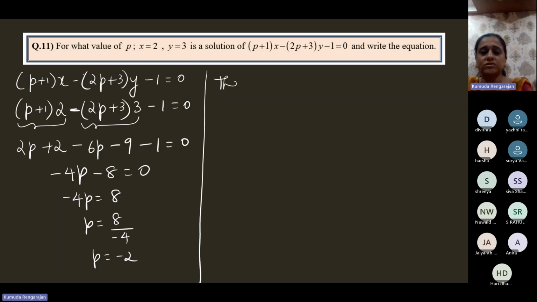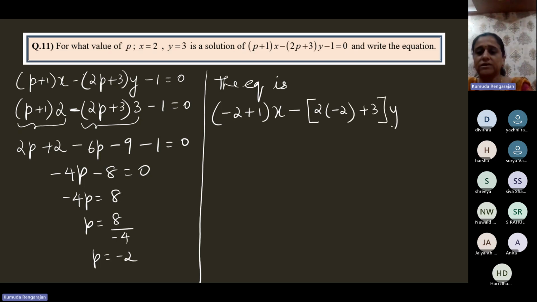So the equation is p plus 1 of x, plus 2p plus 3 of y, minus 1. See, the equation should have x and y in it.